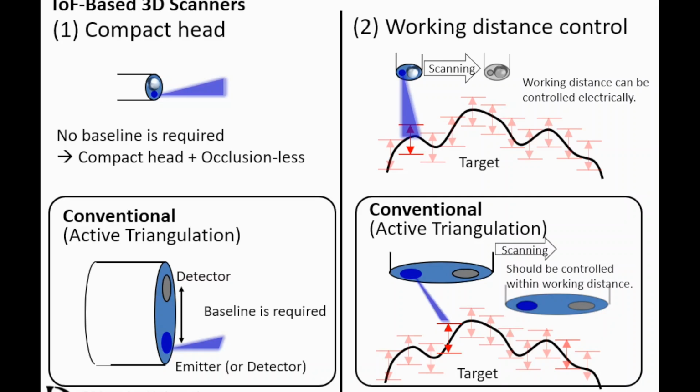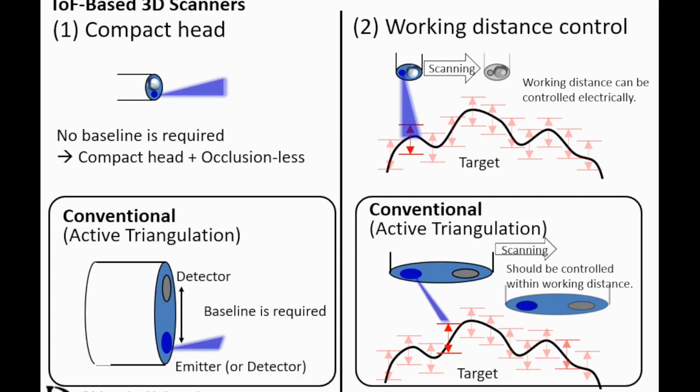The reason why we'd like to develop the ToF-based 3D scanner is here. The conventional method uses the active triangulation method, and in this method, we should have a baseline, that is the distance between the detector and the light source.